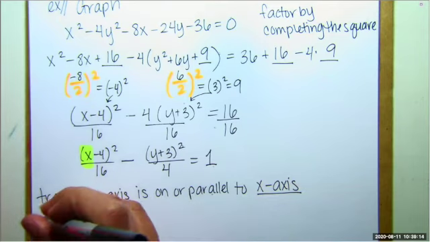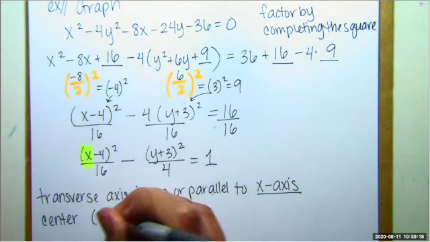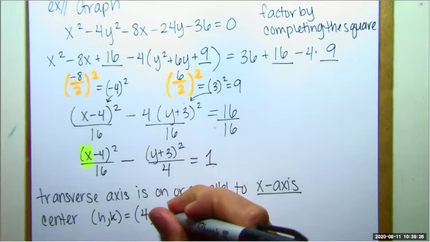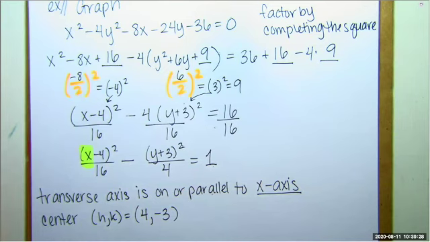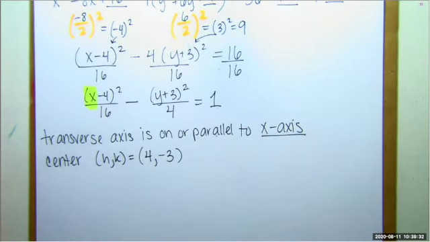The next thing we want to do, let's list out our center, (h, k). So our equation was x minus h, so that means h is 4, and y minus k, so k is going to be -3. The next thing we need to do is list out our foci, our vertices, and our asymptotes.